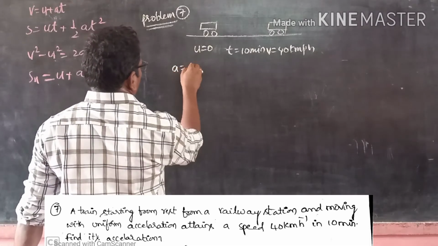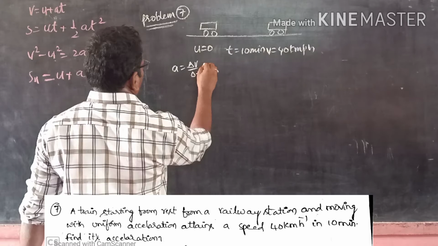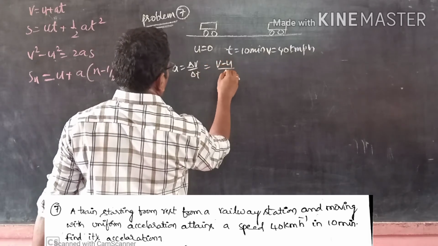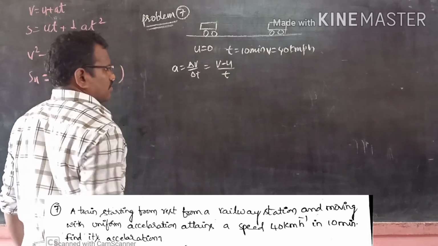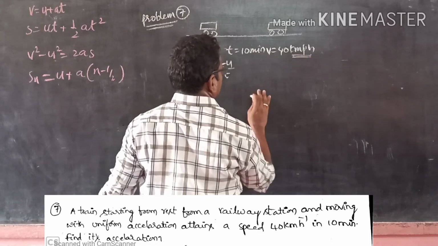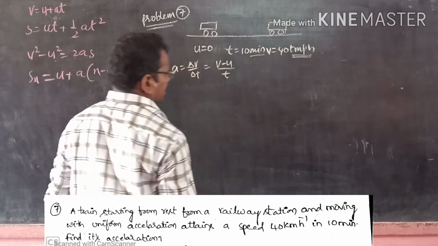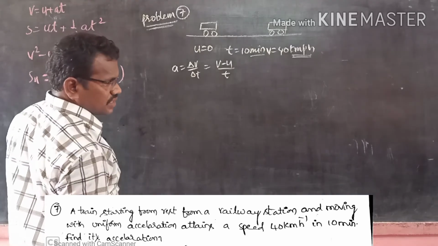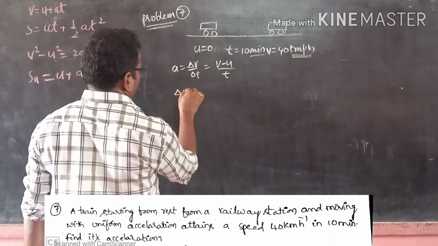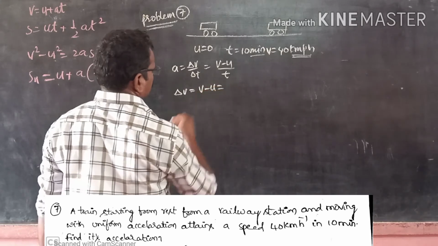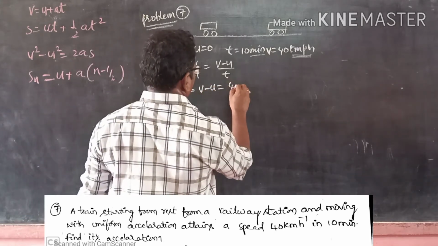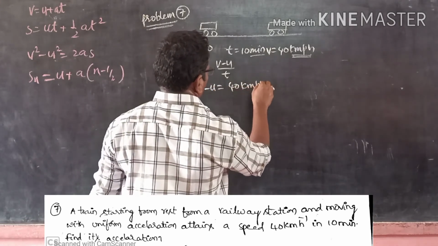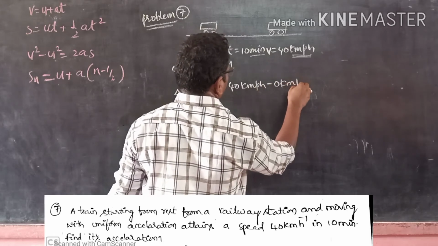A is equal to delta V by delta T, that is nothing but V minus U by T. The problem is there here. The given velocity is in kilometer per hour, here the time is in minutes. So first of all, both of them are converted to similar units. Then delta V is equal to V minus U. V is nothing but 40 kmph minus 0 kmph.